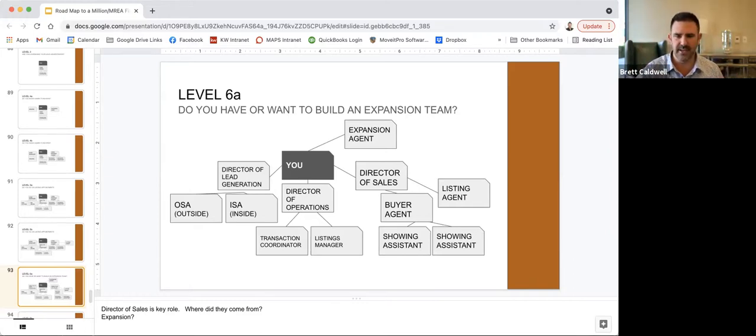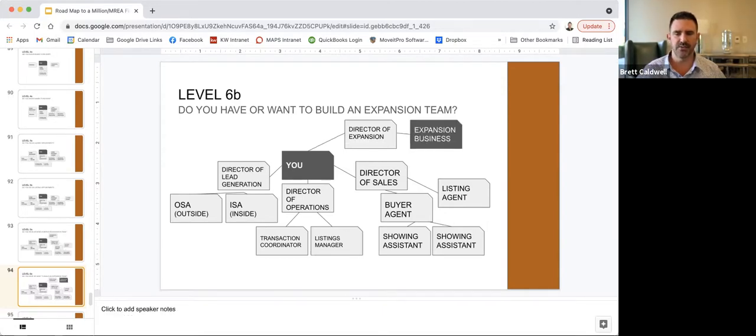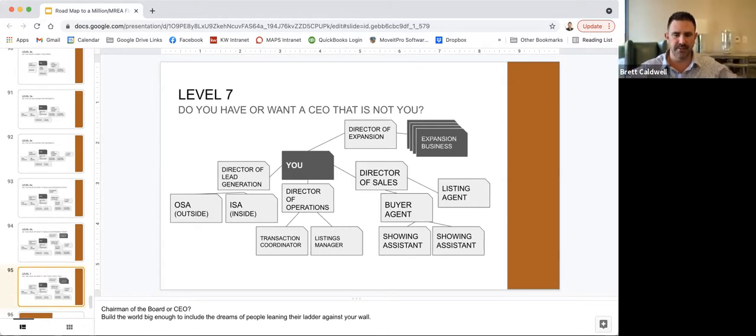So again, 6A, and you'll see the difference between 6A and 6B is going bigger around expansion, and really taking that into, if you built your real estate business in a box in your city, how do we take that box to other cities? And where that director of expansion goes big. And then level 7, which is the famous level 7, says, do you want to be the CEO or do you want to be the chairman of the board?